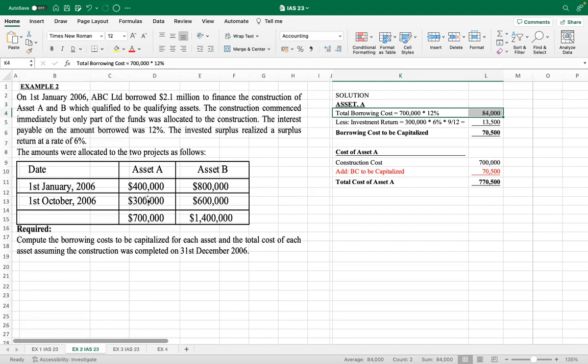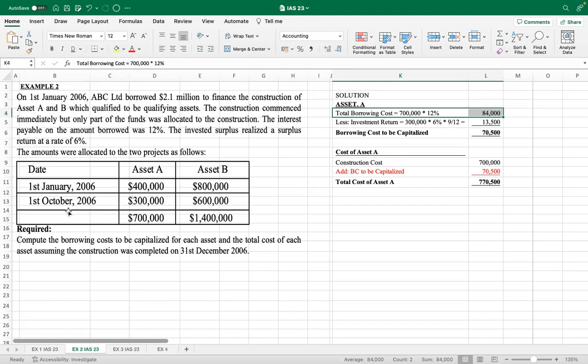But there is a 300,000 that was not used immediately. The amount you don't use immediately, don't leave it idle in the bank. Invest it in a safe investment which will generate you some return. Because we will need the money on 1st October 2006, we can invest this money from 1st January until 30th September, and then on 1st October, we can use it.